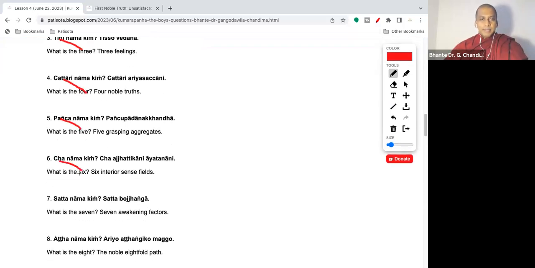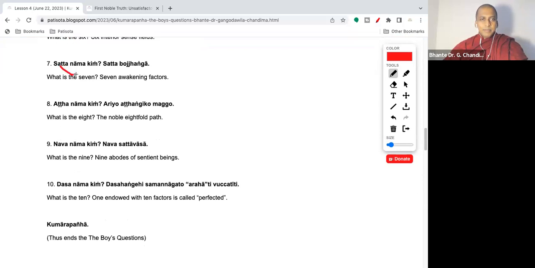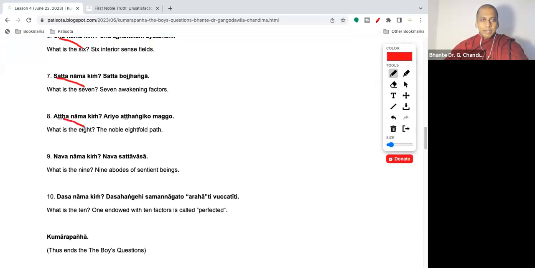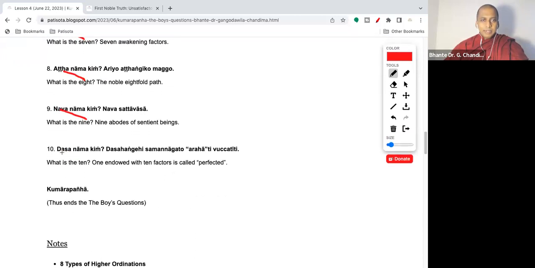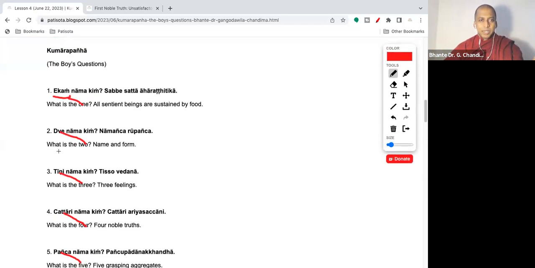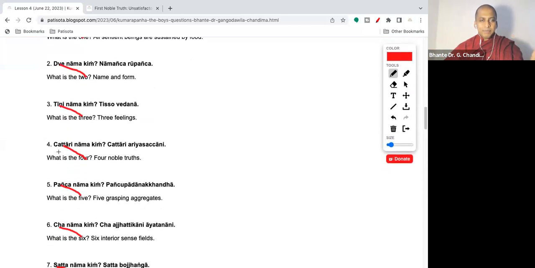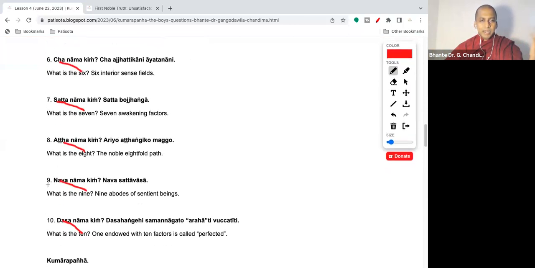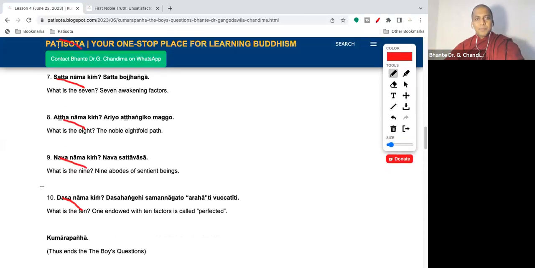Cha, 6. Satta, 7. Atta, 8. Nava, 9. Dasa, 10. Now, the first thing that you have to keep in mind is the numbers, Pali numbers.